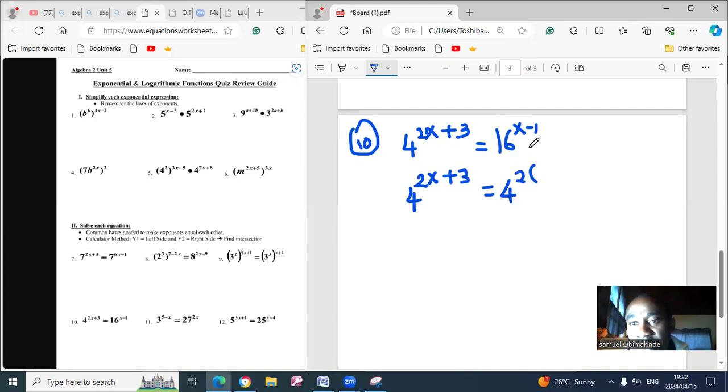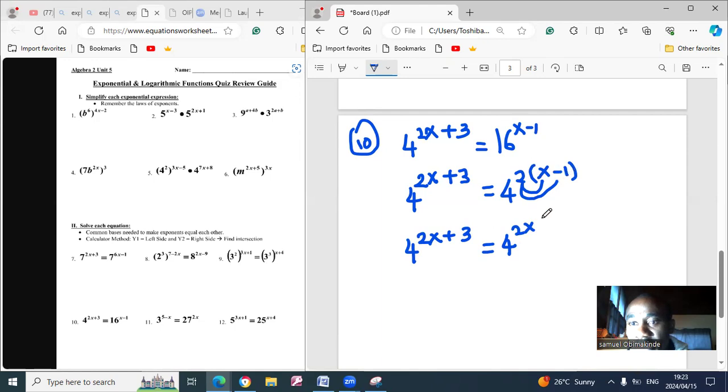Then remember, you have this x minus 1. So we have 4, 2x plus 3 equals 4. This 2 multiplies this x, then it also multiplies this 1. So we have 2 multiplied by x, that will be 2x.